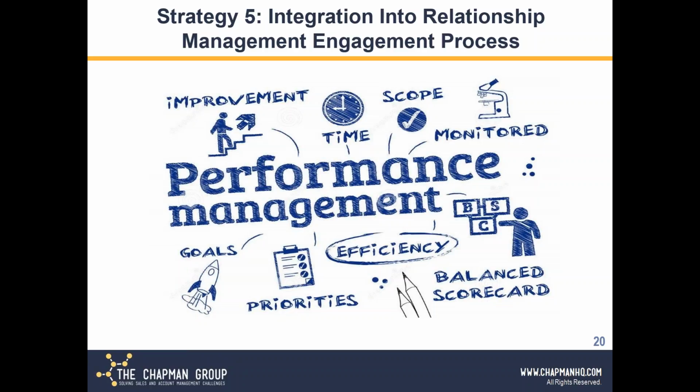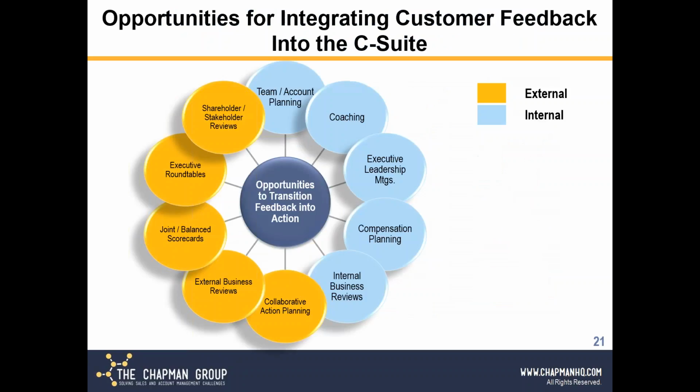And as part of that, the feedback is on there, because the feedback helps me identify what my strategic initiatives are. Now, we're going to have opportunities with our customer, and by the way, internally as well as externally, to use this feedback.